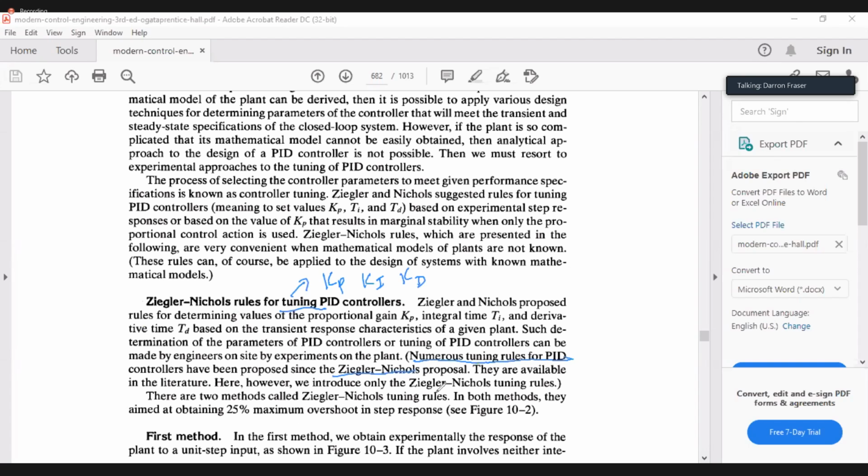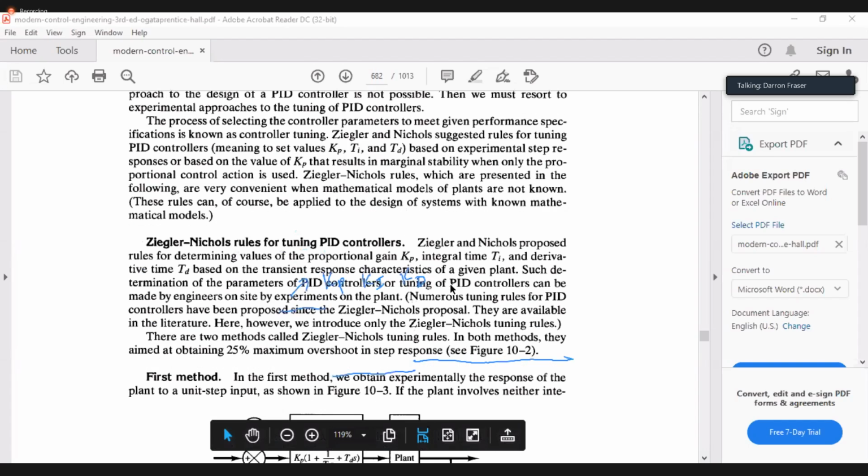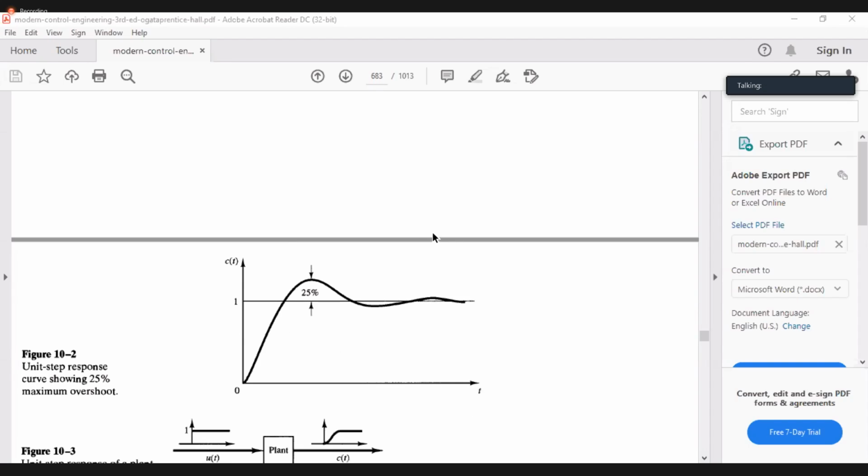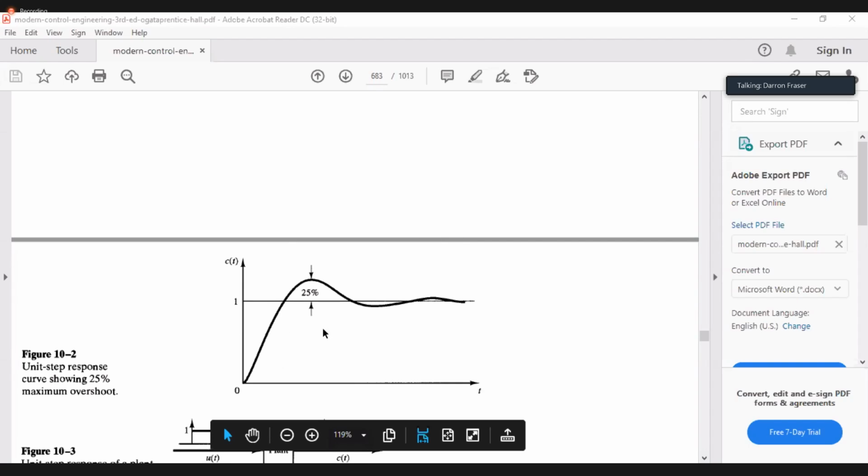Now, the other thing that we need to point out is what is said here, but there's a diagram that says it better. Mr. Ziegler and Mr. Nichols' method, when we tune a PID controller, will give you 25 to 40% overshoot.